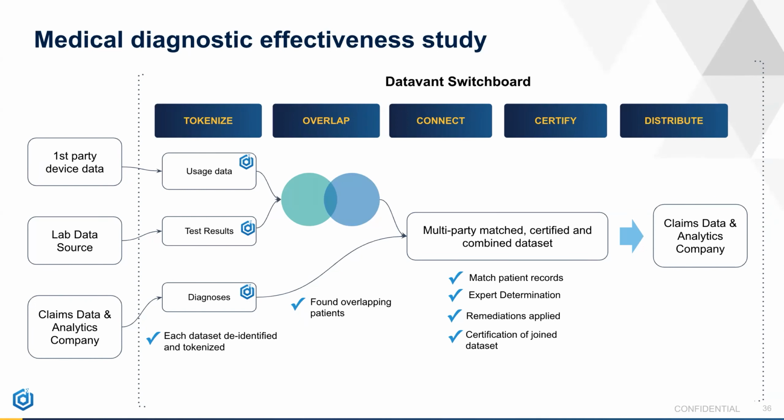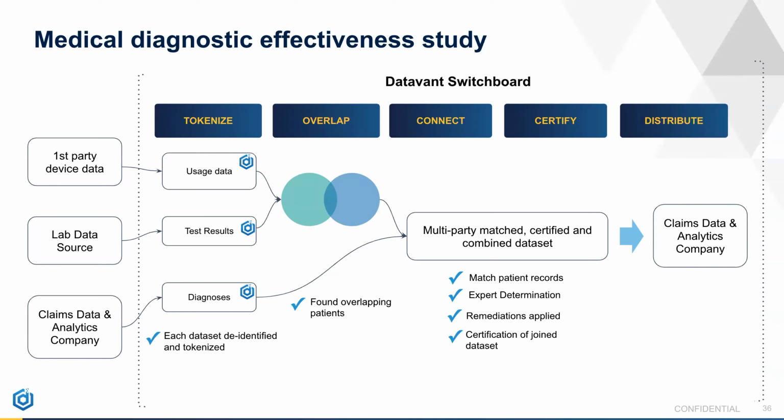And what the Datavant Switchboard is able to do is take a look at that lab data, find those patients that are in the first-party data set, and then only segment and distribute those records out, so that you're getting a subset of those records that you've licensed. You might have thousands of patients using your device, and there might be whatever percent are in that lab data set. Just those records will be pulled out through that overlap.